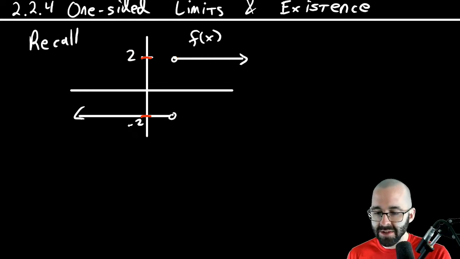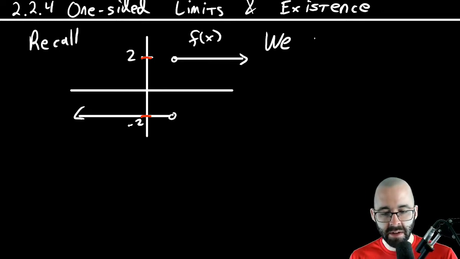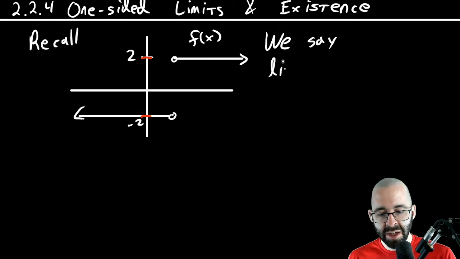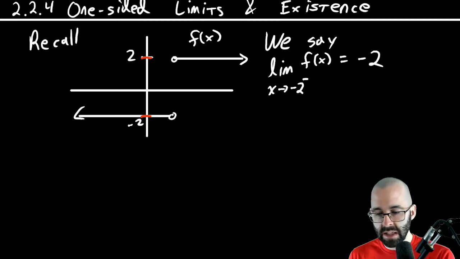So how do we write that? Here's the answer, and you may have seen this before as well. We say that the limit as x approaches negative 2 from the left of this function is negative 2.